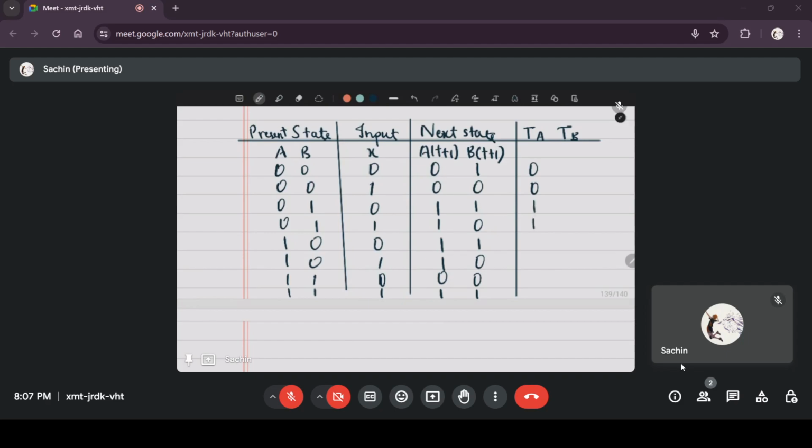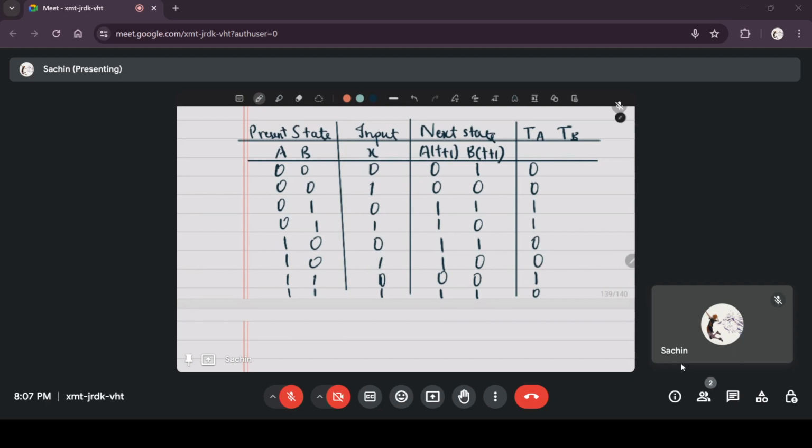If you want A to go from 1 to 1, then it should maintain the state, so TA should be 0. If you want 1 to go to 0, then you should toggle it. So you only toggle whenever you need the state to go from 0 to 1 or 1 to 0.